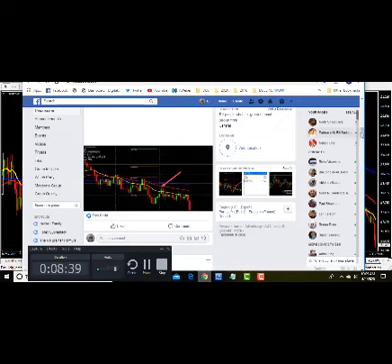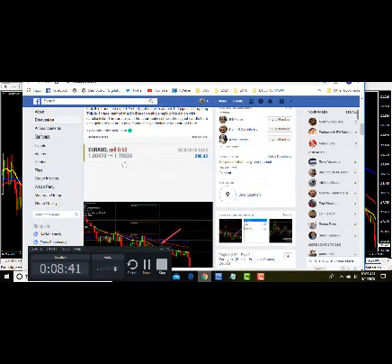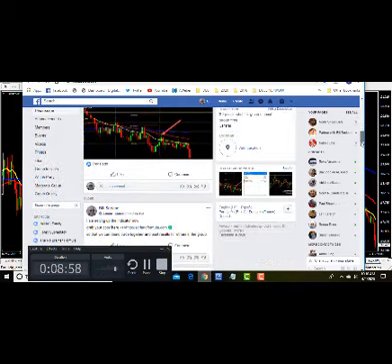So we did take that trade, and that trade was good for almost 100 pips. Okay, and that was a 0.5 lot size, and this is on demo, guys.